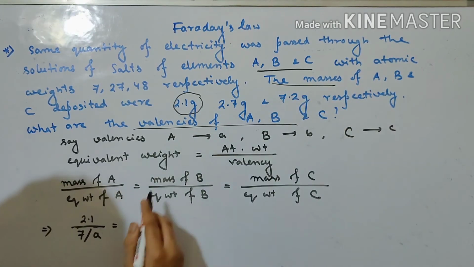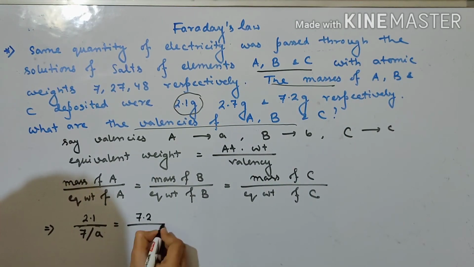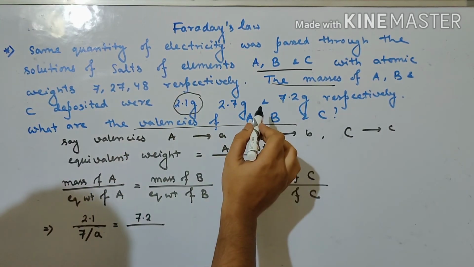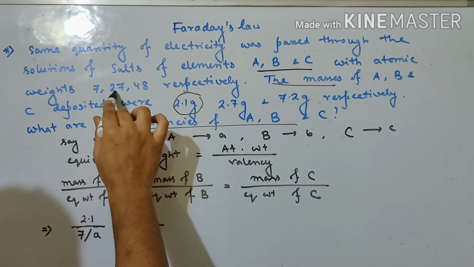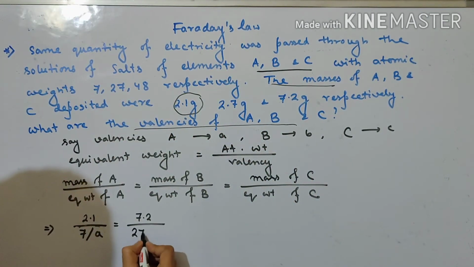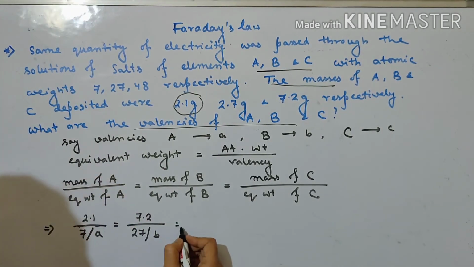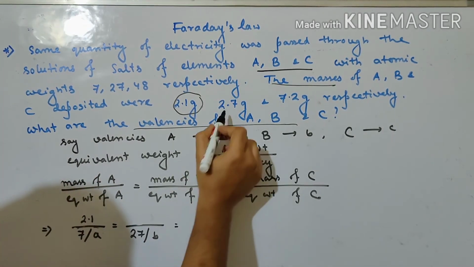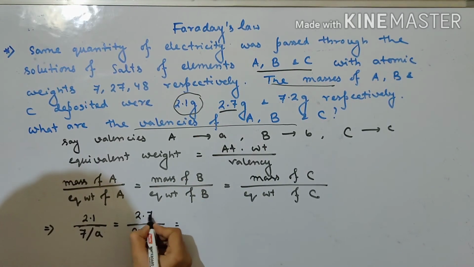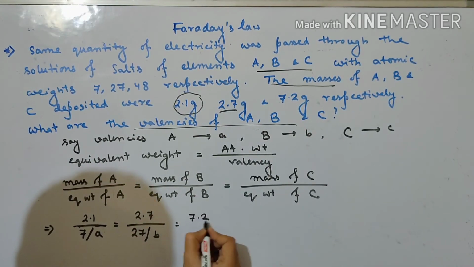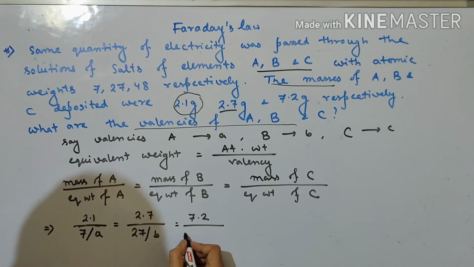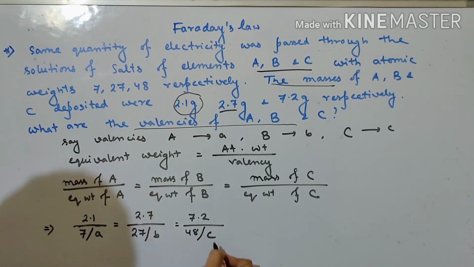For B it is 2.7 gram, equivalent weight, atomic weight by valency, 27 by b. And the third one is 7.2 divided by 48 by c.